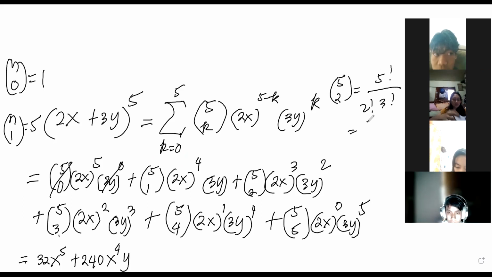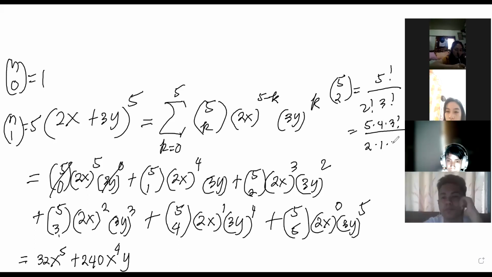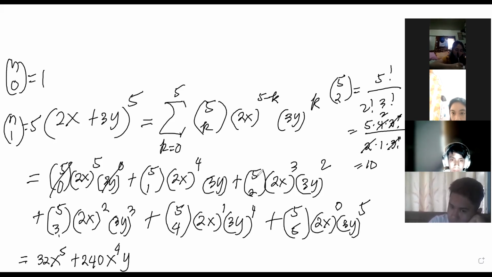So 5 factorial can be written as 5 times 4 times 3 factorial. 2 factorial can be written as 2 times 1. By the way, I stop at 3 factorial because I have 3 factorial below. This is just 1, right? This 2 and 4 will be reduced here as 2. And here is only 1. So the answer will be 10, right? Agree? Yes, sir. This 5 taken 2 is just 10.